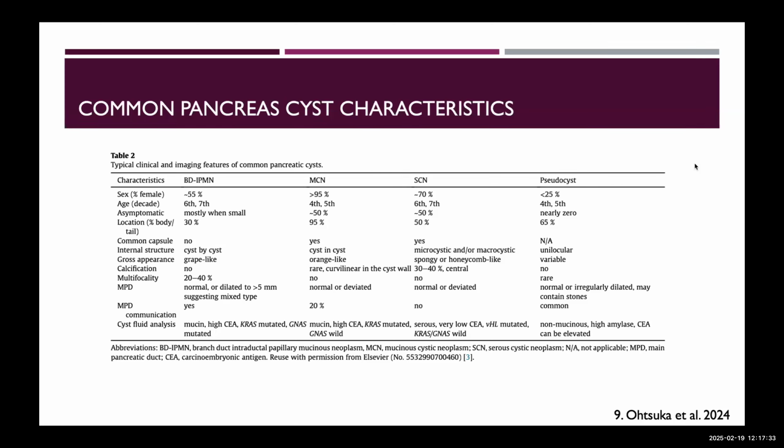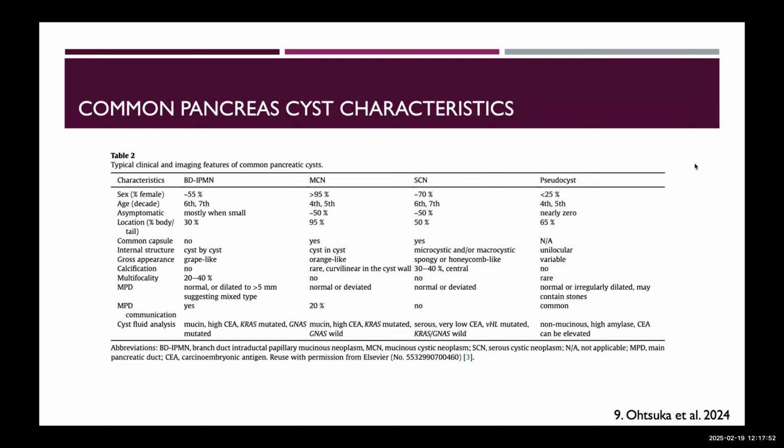Location-wise, predominantly in the body and tail, unilocular without complexity. And then they make a note, and I think this is a good note, with regards to irregularity of the main pancreatic duct, which may be a result of ductal disruption or chronic pancreatitis when there's lithiasis within the pancreatic duct.